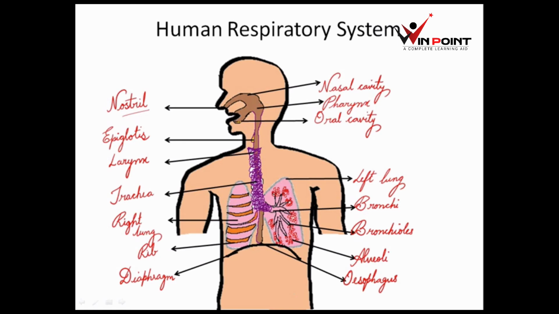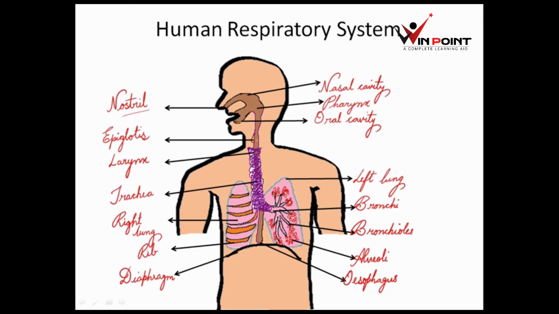The bronchi divide into small tubes called bronchioles, which end in tiny air sacs called alveoli. The alveoli are supplied with blood vessels where exchange of gases takes place. The alveoli help to increase the surface area for the exchange of gases.